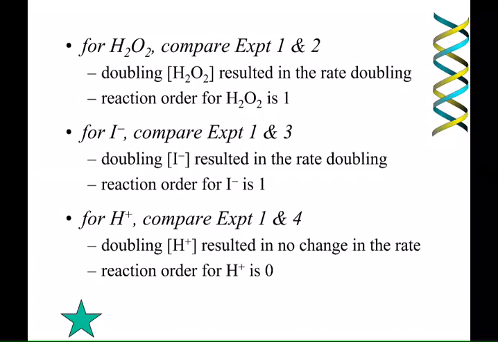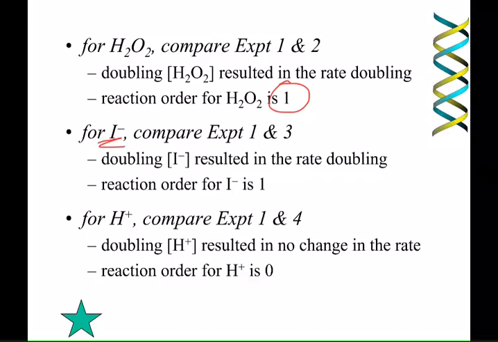When we wanted the reaction order for the hydrogen peroxide, we combined experiments 1 and 2 because hydrogen peroxide was the thing that was changed, not the iodide or the hydrogen ion. You told me reaction order 1 because the rate doubled, and you were right. Then we combined 1 and 3, where the only thing that changed was the I minus.